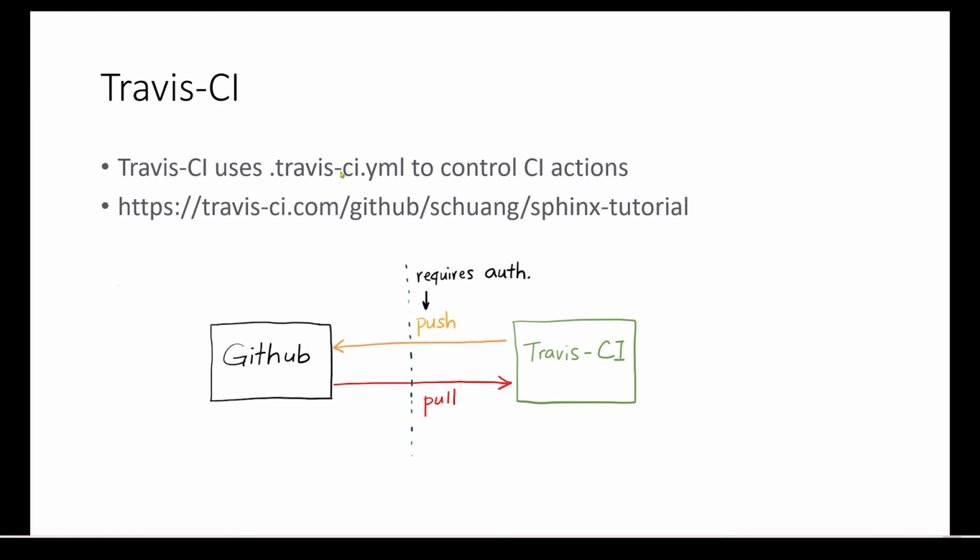The main point I want to make here is that the main difference between Travis CI and GitLab and GitHub Actions is that Travis CI is an independent company, an independent website external to GitLab or GitHub. So there is one complexity here. When you use Travis CI to run the CD/CI test on your GitHub repository, Travis CI needs to pull your data from GitHub into Travis CI.